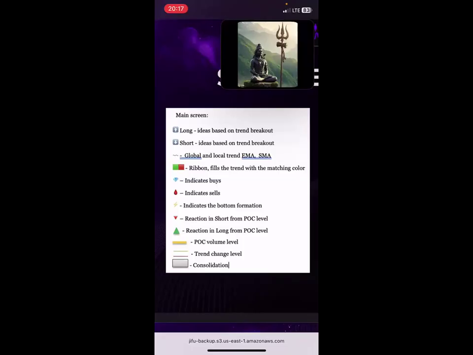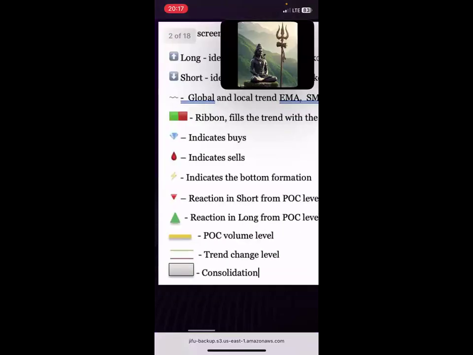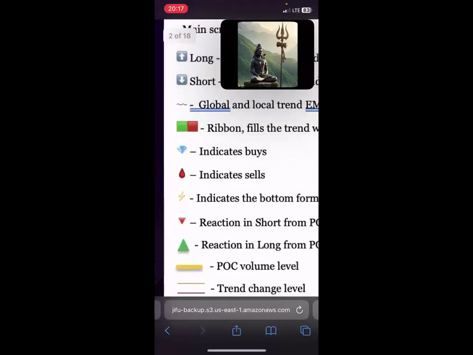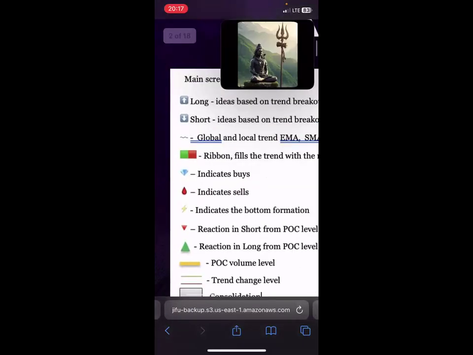Whenever you are on a trade, maybe you've been on that trade for a while, maybe holding it for 24 hours, then you see this symbol that looks like electric, this yellow one. It indicates a reversal.